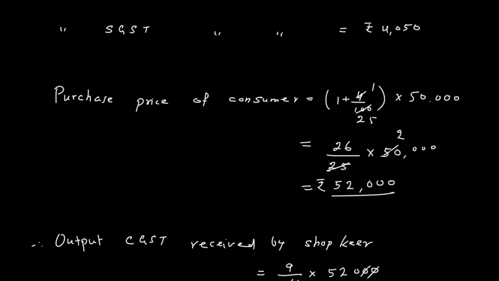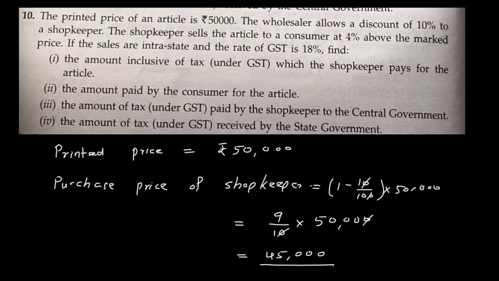The first question is the amount inclusive of tax which the shopkeeper pays for the article.